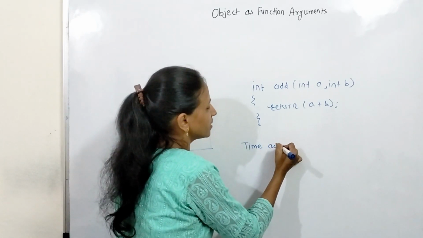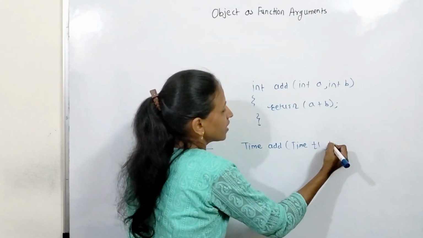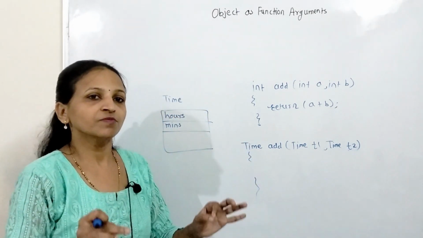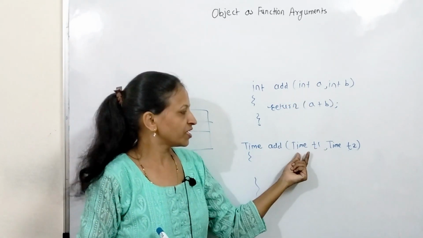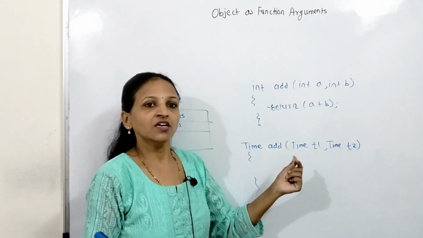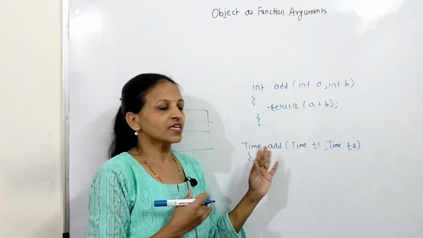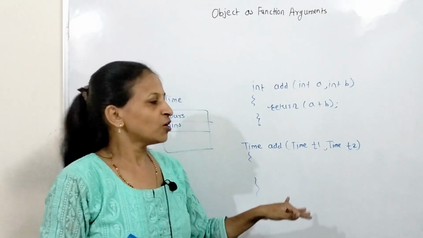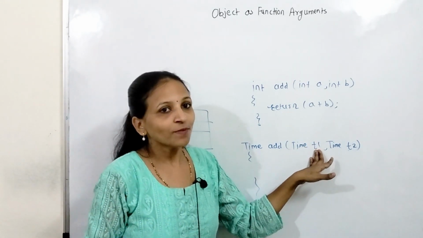See, first I am writing add time, time t1, time t2. I want to achieve that. Yes, fine, we can perfectly achieve this. Here, instead of a basic data type variable, we have just written time. Time is nothing but a class, that is a user defined data type, and this t1 is a variable of type time, that is nothing but an object.